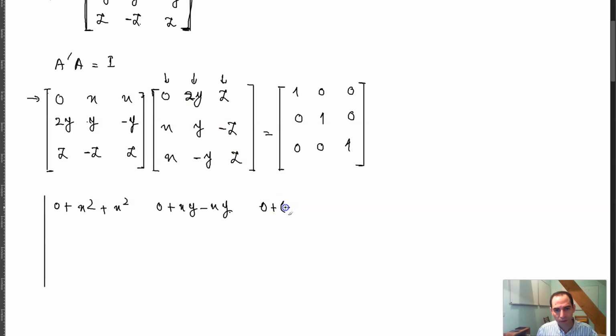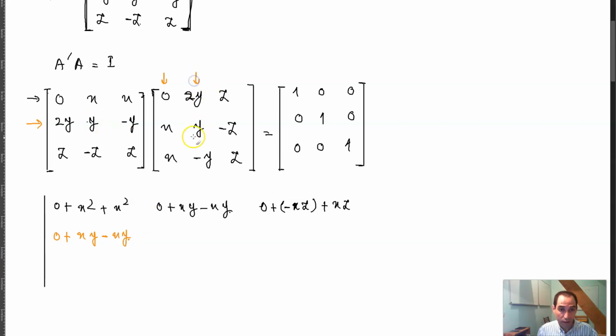And we can move to this column and this row and this column. So you have 0 times 2y is equal to 0. And that is xy plus xy and negative xy.